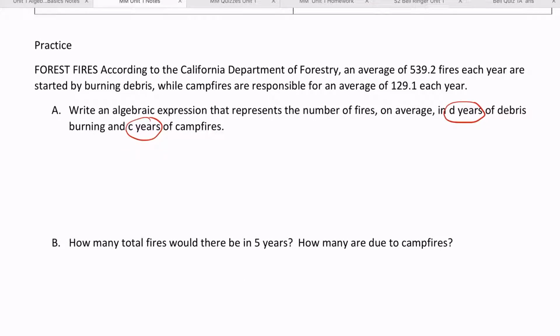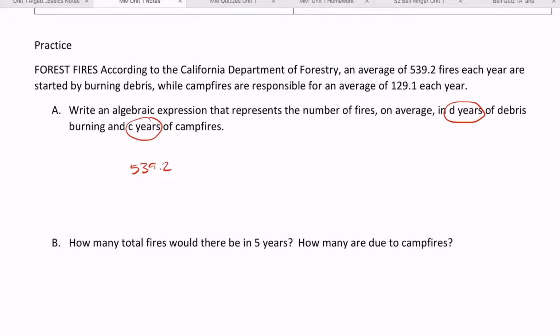I would kind of like to do this differently with how much you get paid with the job. But if you're not understanding this, come and ask me about that, and I can clarify it. But this way, basically, what we're saying is how many years. So we have an average of 539.2 fires a year because of debris.